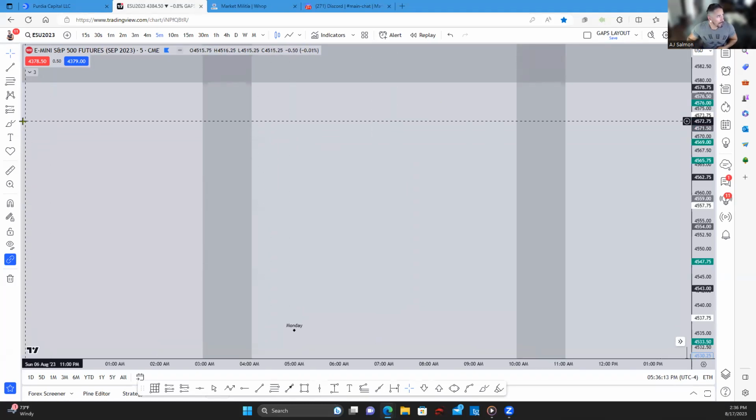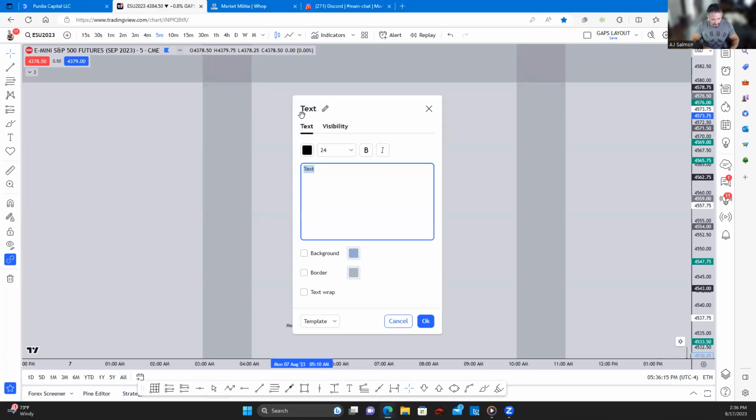All right, so the pairs that you can trade this strategy on are going to be Euro USD, GBP USD, NAS 100, and S&P 500, okay? This works in all markets, futures, Forex, options, you name it, okay?